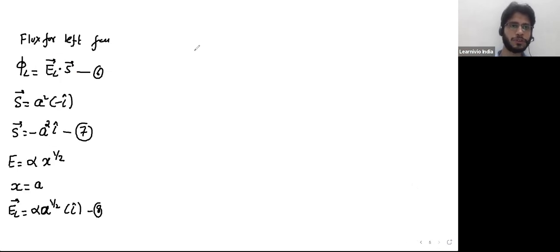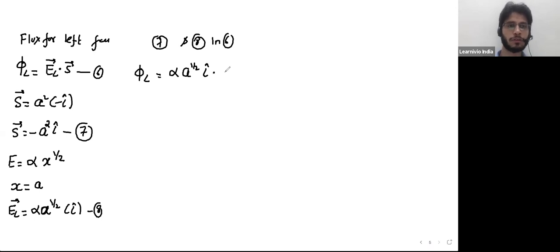Now when I substitute 7 and 8 in 6, the flux for the left face will be alpha a to the power half I cap dot minus of a square I cap. I can take this minus sign outside.